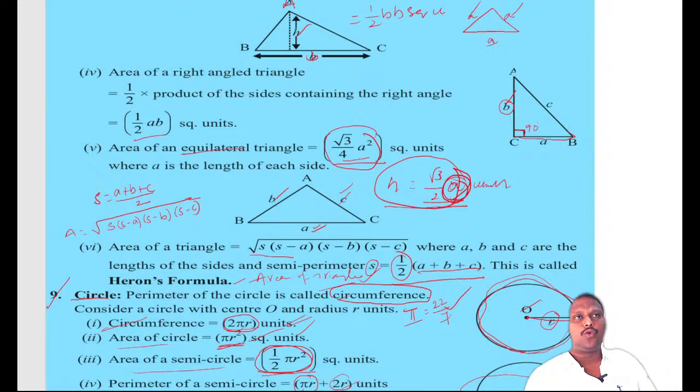Perimeter also 2 pi r by 2 cancels, that is pi r, but extra boundary has come when we cut, that is 2r, that is why pi r plus 2r units. So this is all about today's class. We have discussed all plane figures, area and perimeter.